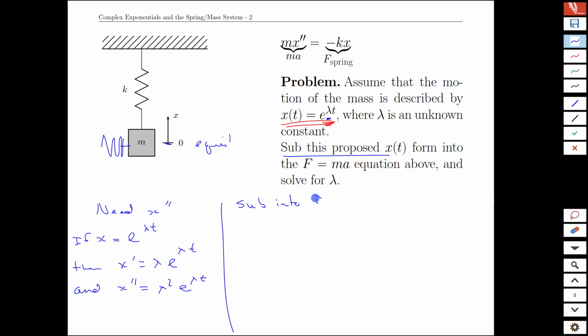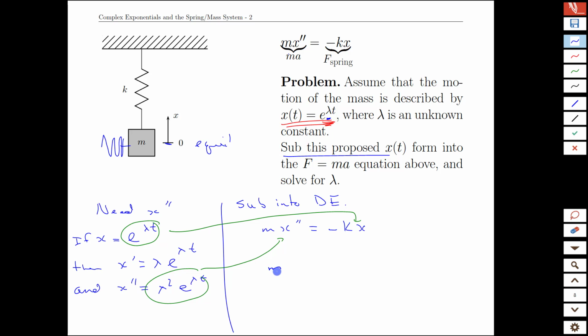Now we can sub that into the equation, which I'm going to call the dE, or the differential equation. The mx double prime, I'll write out the whole equation as is for now. We're going to take this for our x double prime, and we're going to take this for our x. That's what they were, and that was the consequence.